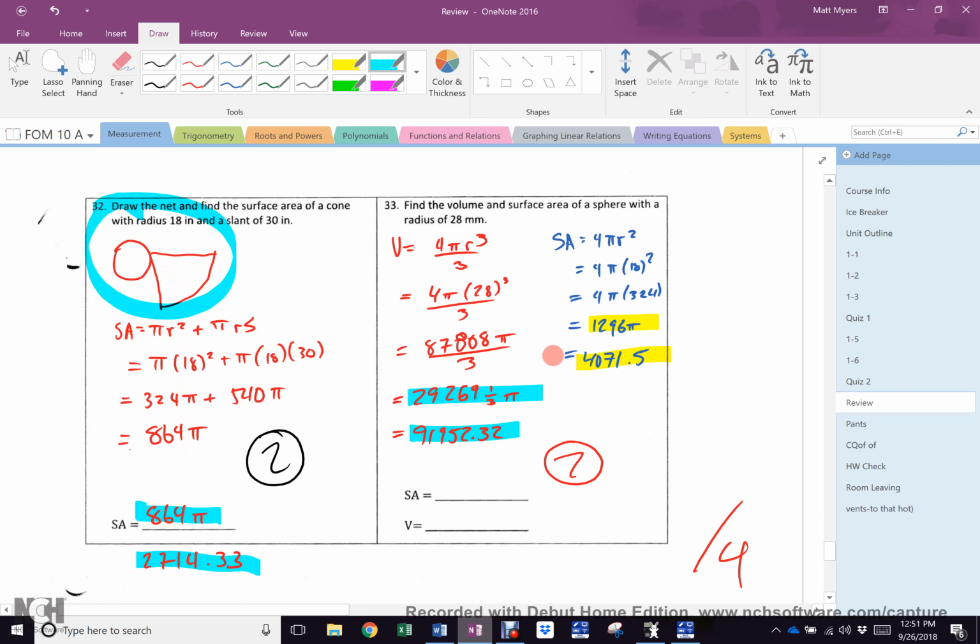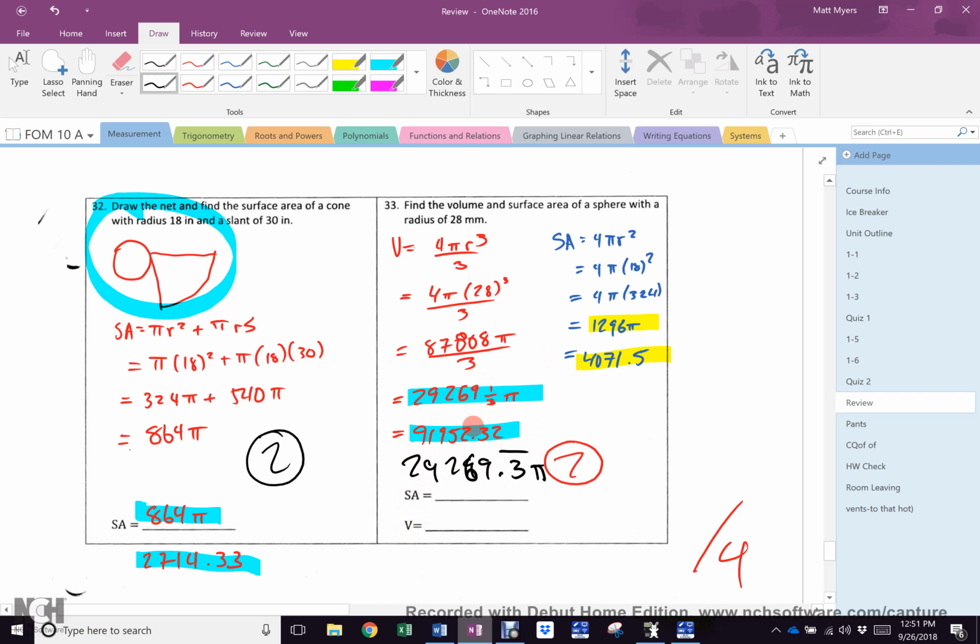For 33, I needed the surface area and the volume. Volume, I will accept 29,269 and 1/3 pi. I will accept 29,269.3 repeating pi. And I will accept 91,952.32 pi.